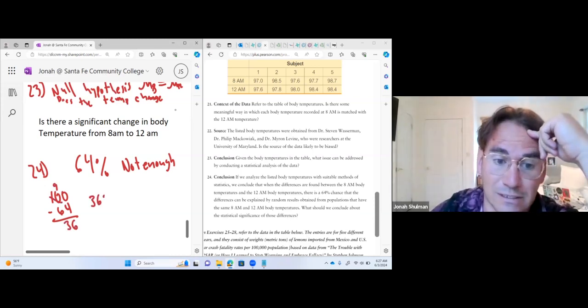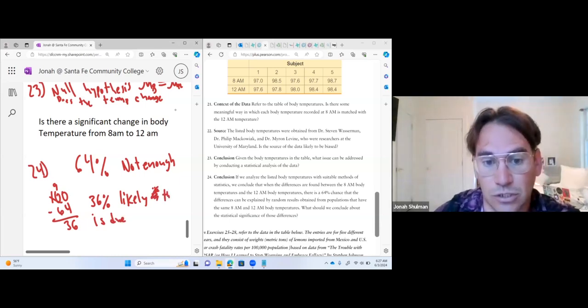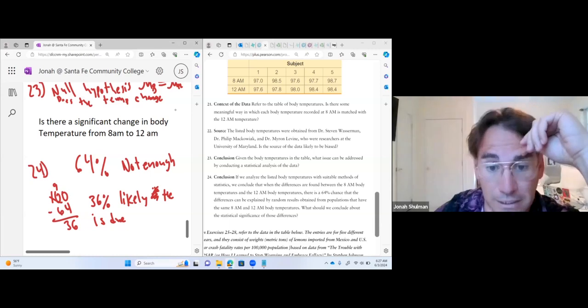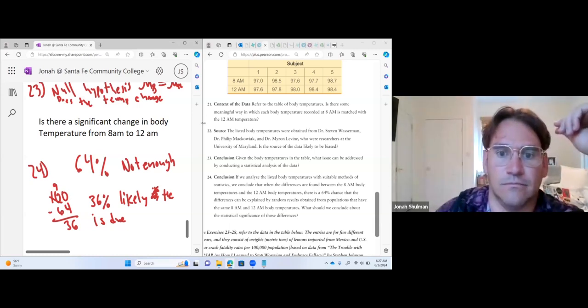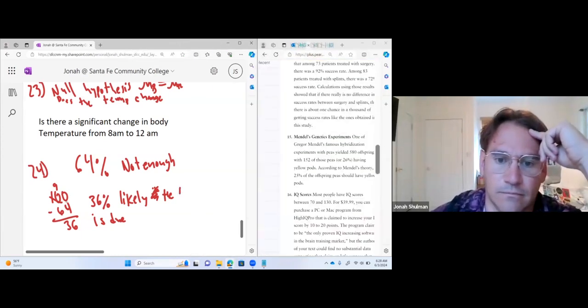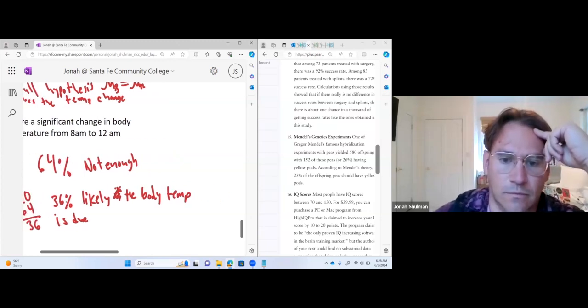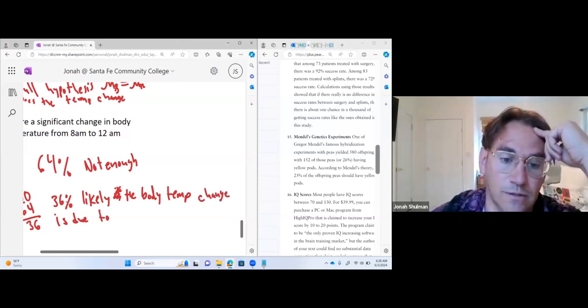So it's only 36% likely it is due to the change. Sorry, the body temperature change is due to the time of day.